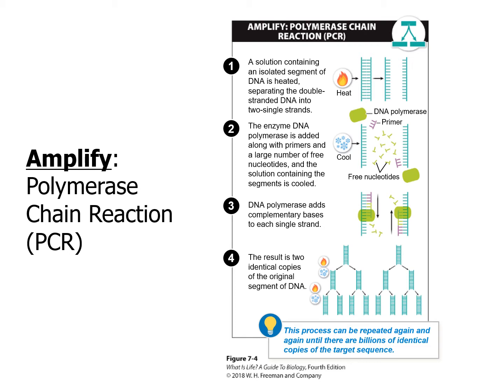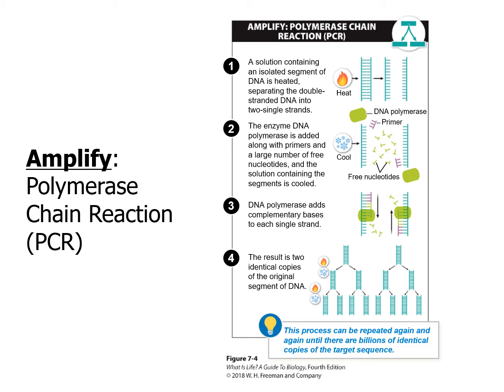From there, the next method is going to be to amplify. This is using a polymerase chain reaction, or a PCR, and the purpose of this is just to duplicate a tiny piece of DNA repeatedly using heating and cooling.